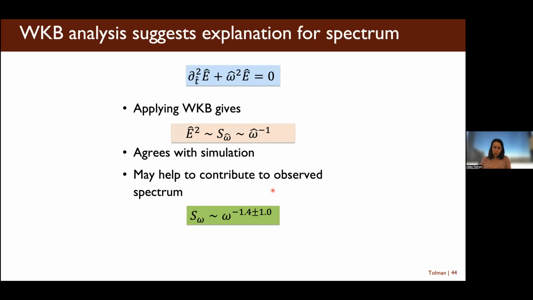So hopefully you hear a statement like that and alarm bells go off in your head, because this is exactly the condition you need to be able to use the WKB approximation, which is a bread and butter physics technique. So when you have an equation like this in blue with a slowly changing frequency, you just slam on the WKB approximation and you find that the electric field amplitude squared will vary as 1 over the frequency, right?